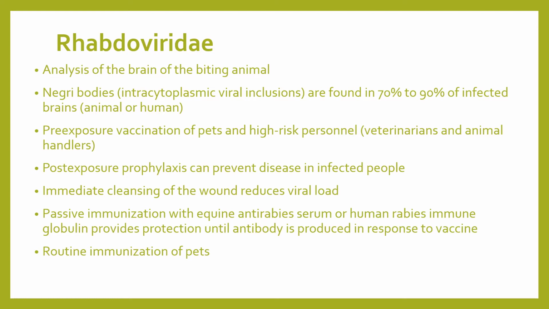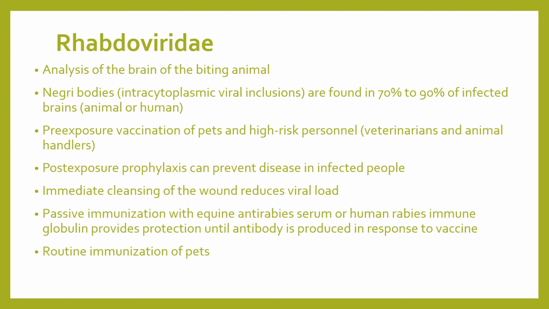It is very important to give pre-exposure vaccination to pets and high-risk personnel, like veterinarians and animal handlers. Pre-exposure means they are not bitten yet. For post-exposure prophylaxis, for those who are already bitten, giving vaccines immediately can prevent disease in infected people.